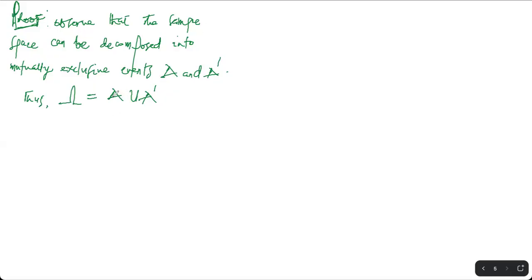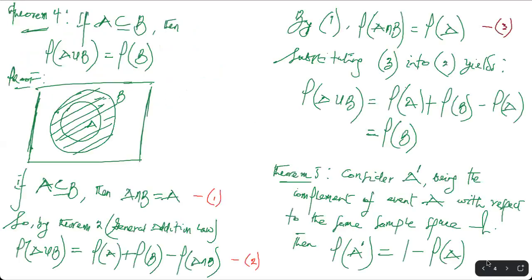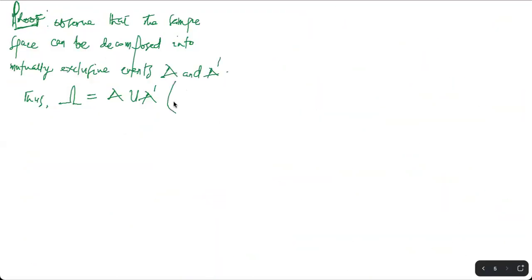A is the event, and A prime is another way of writing the sample space without A. Okay, so the sample space without A, union A, would give you the sample space. Okay, that's the whole idea.